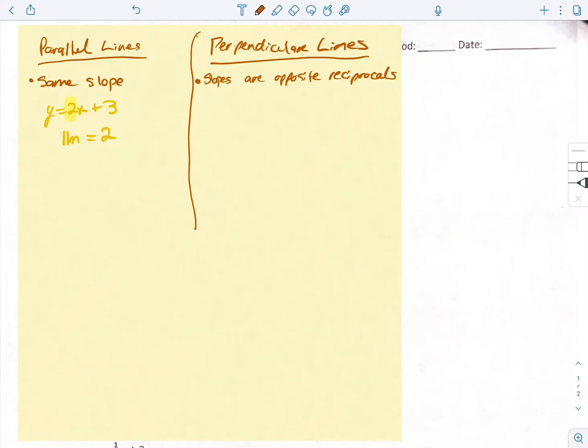And you may be wondering, what does opposite reciprocal mean? Because you've forgotten. Opposite means that it's going to be an opposite sign, right? So change the signs. Reciprocal means that you flip the fraction.